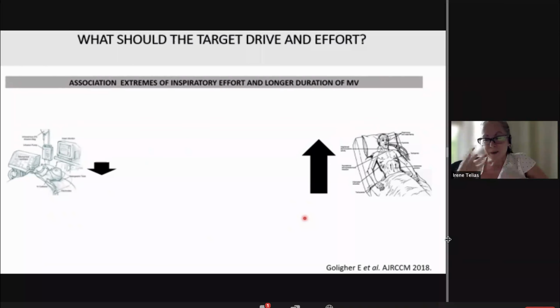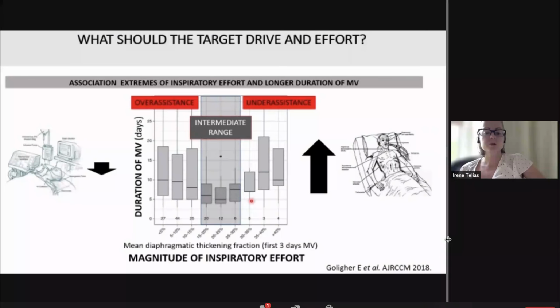So what amount of drive and effort should we target to avoid risk for the lung and the diaphragm? Well, there is a very nice observational study that shows that patients with intermediate range of inspiratory effort. So in the x-axis, we have the magnitude of inspiratory effort during early mechanical ventilation measured with diaphragmatic ultrasound.